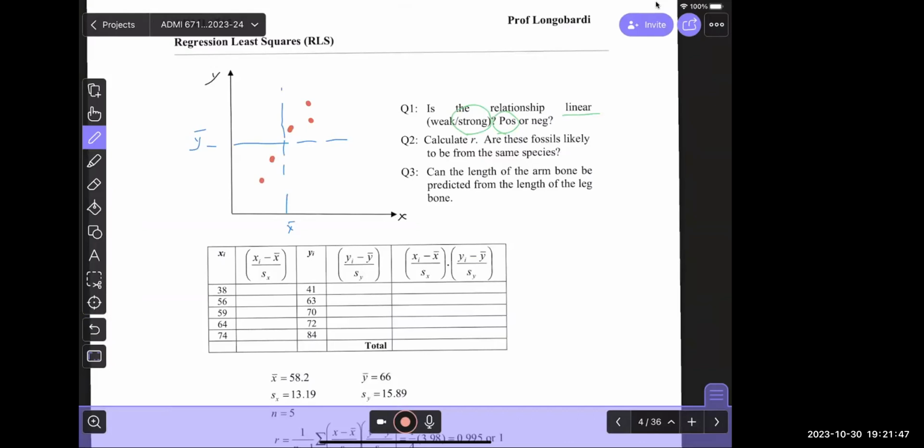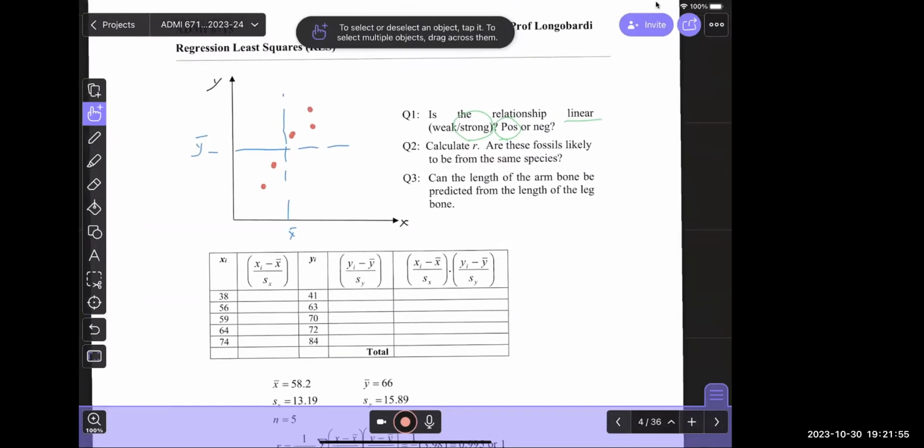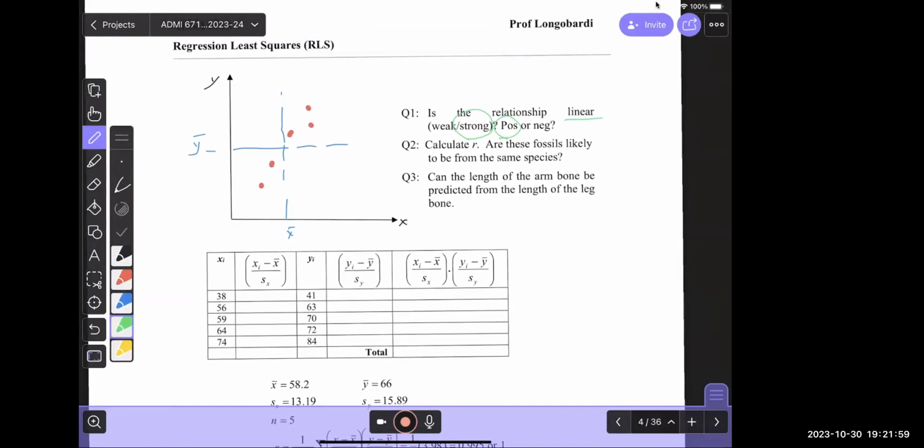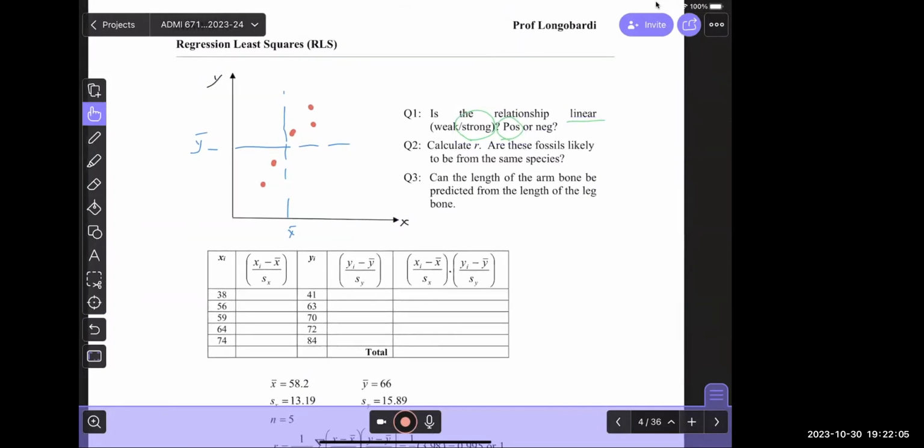So now let's calculate the R manually. You can get it out of your calculator, you can get it out of Excel, but just to make a point, let's look at the formula this way. Let's take the standardized values, or the standardized scores.